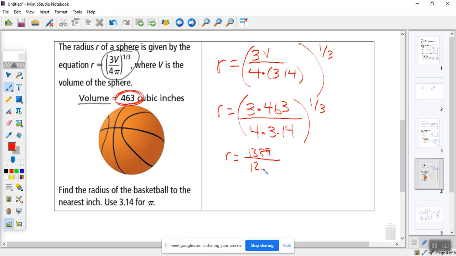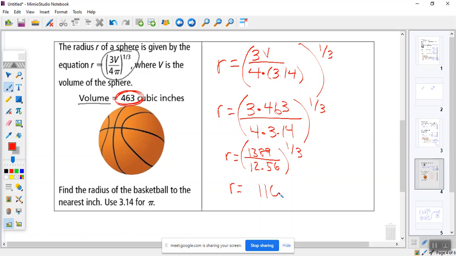This is all still to what power, kids? Okay? All right, here's what I want you to do. In your calculators, first of all, divide this out for me. And we'll go 2 places. What's 1,389 divided by 12.56? 110.589.